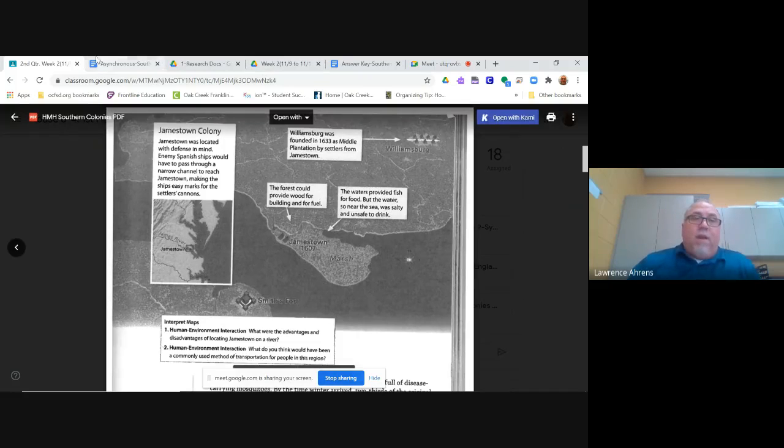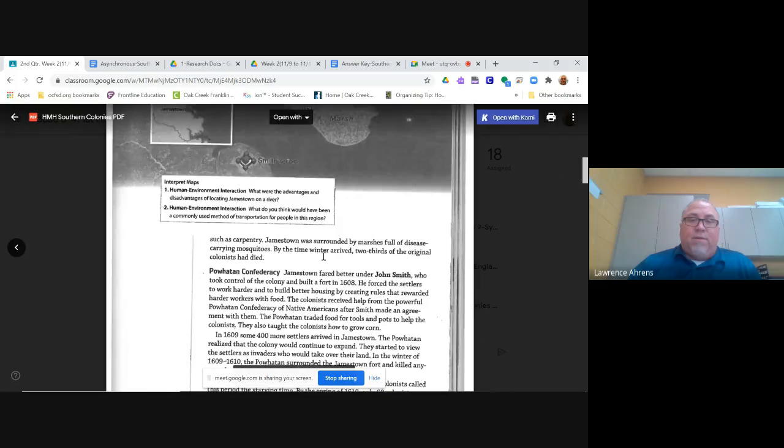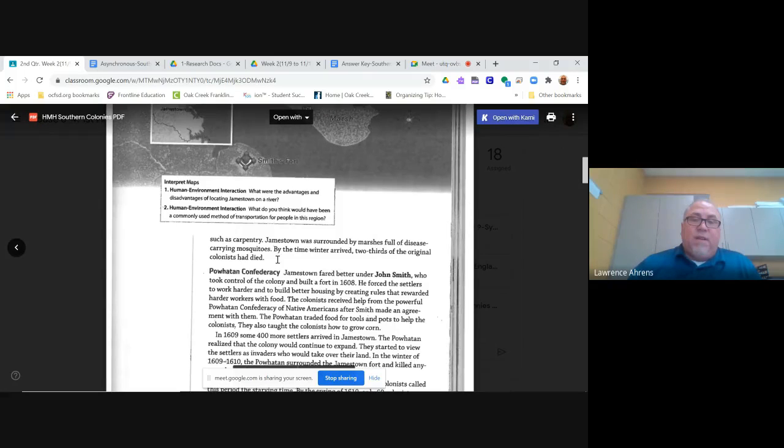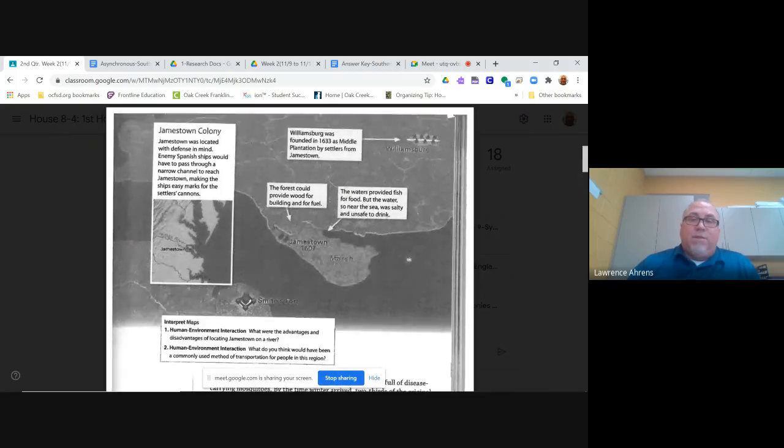So Jamestown seems on the surface to be falling into the same pattern of failure that the previous colonists had found. Now, we also found what I would say is our first geographic characteristic, and I just want to see if you can follow me along here. If you can see where my cursor is, it says Jamestown was surrounded by marshes full of disease-carrying mosquitoes. By the time winter arrived, 2/3 of the original colonists died. Here's Jamestown, a very small, close-up view of it. Remember, we're stereotyping information.